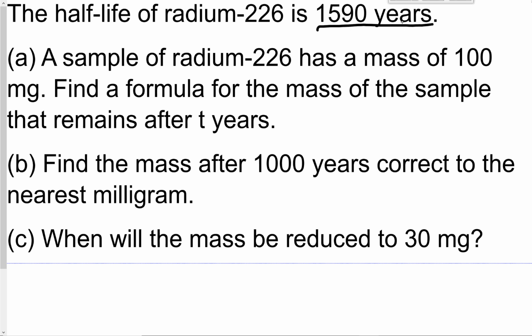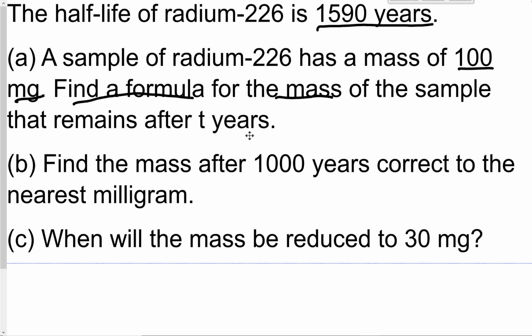So that means if I start with 100 grams or 100 milligrams, some kind of quantity, it's going to take 1,590 years of radium-226 to decay to half that amount. So this first one, we come with a sample of 100 milligrams of this radium-226, and we want to find the formula to find the mass.